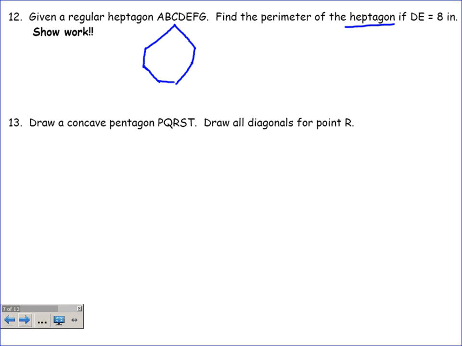Those are all the same length. If it's regular, remember all those sides are going to be the same length. And what length are all those sides going to be? 8.